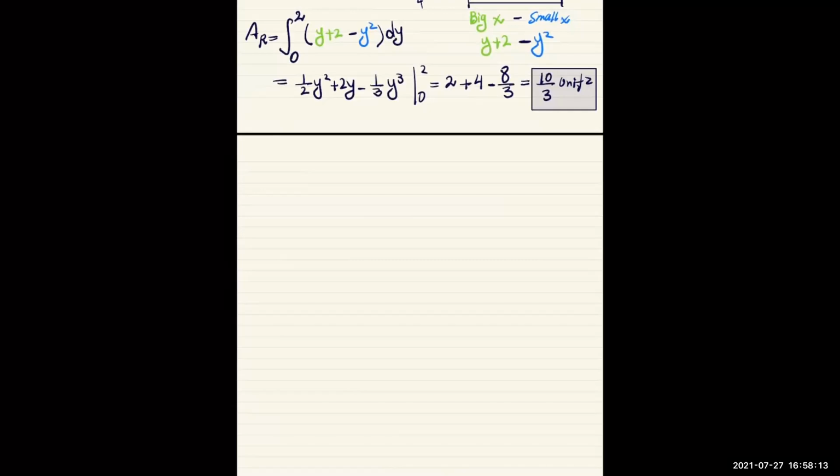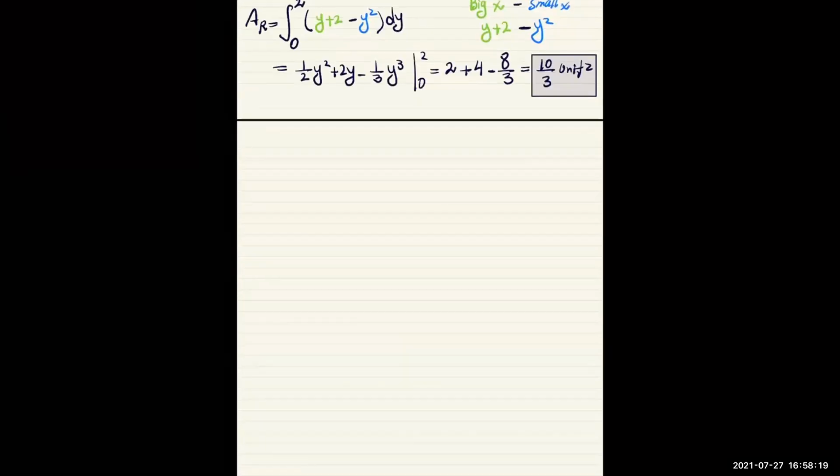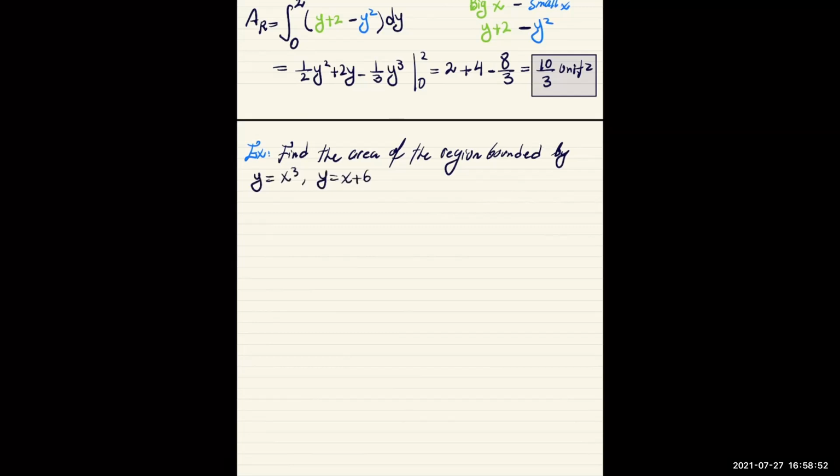Let's do one more setup, and then I have to really move on to the next topic. One more example. Bounded by graphs of y equal to x cubed, y equal to x plus 6, and the x-axis.